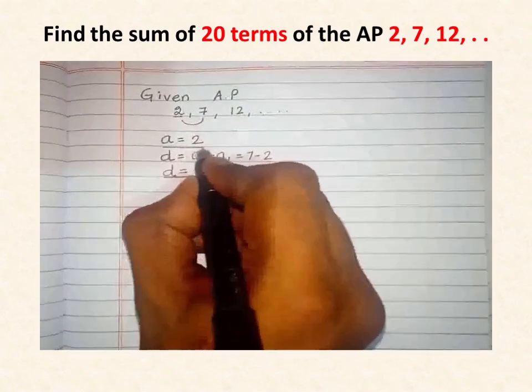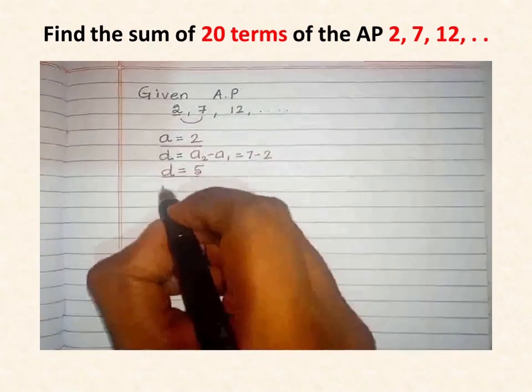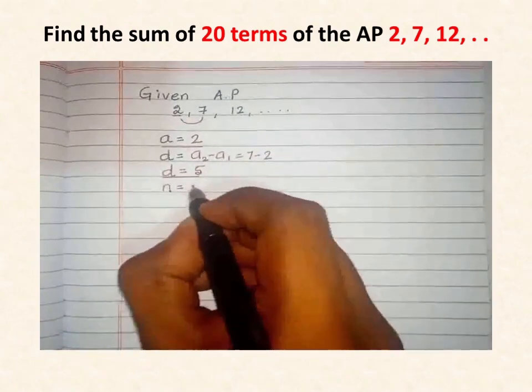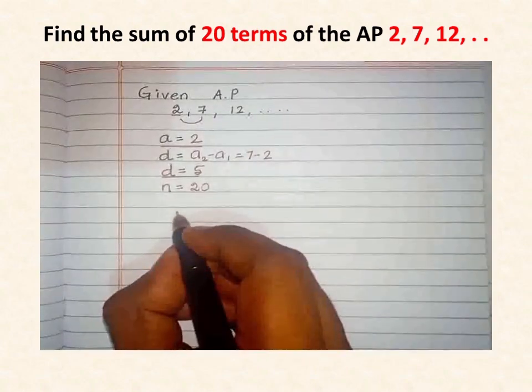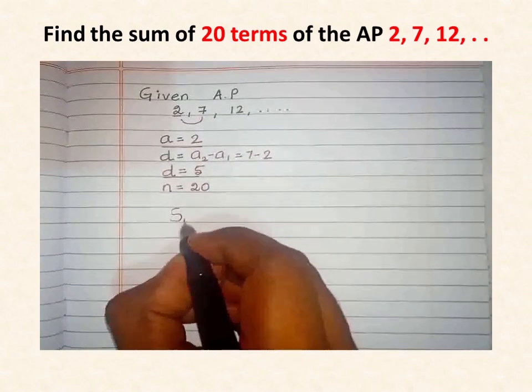The first term is 2. So we need to find out sum of 20 terms. So n equals 20. Now we'll write down Sn formula.